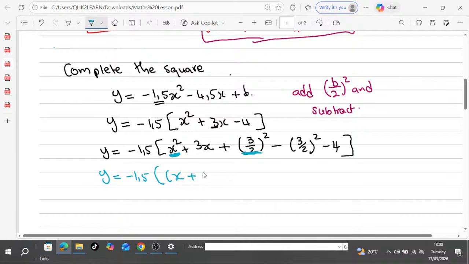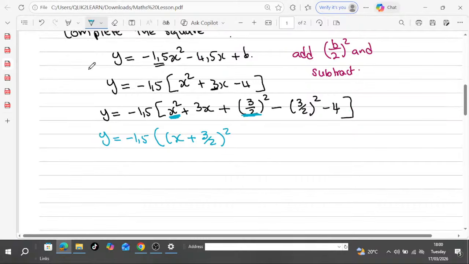We're going to add 3 over 2, then we write them inside one bracket, and this will be squared. Now you just have to punch this on the calculator: minus 3 over 2 squared minus 4. When you put it on the calculator, we get negative 6.25. Then we close the bracket.